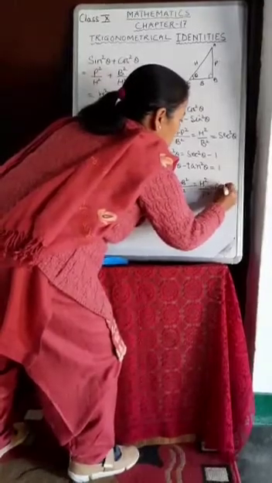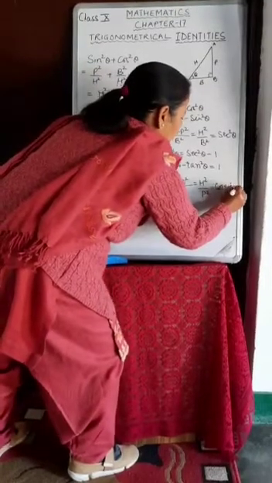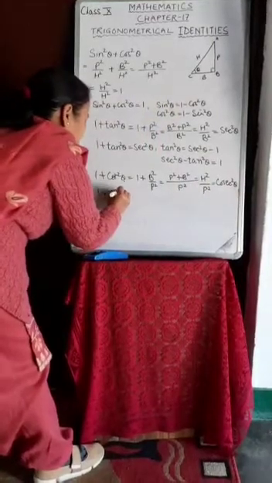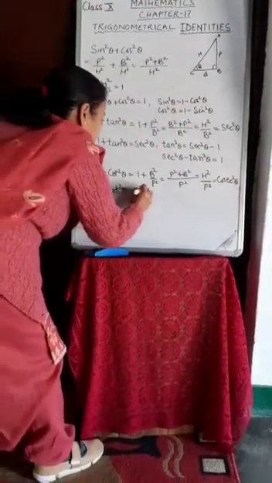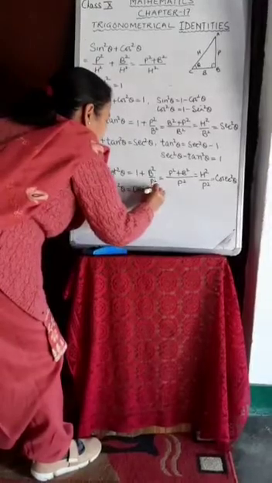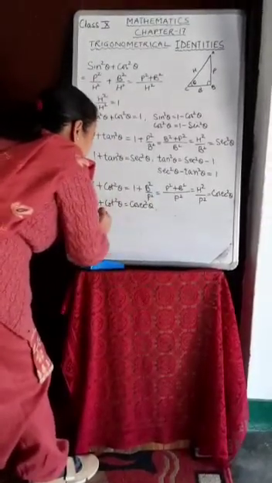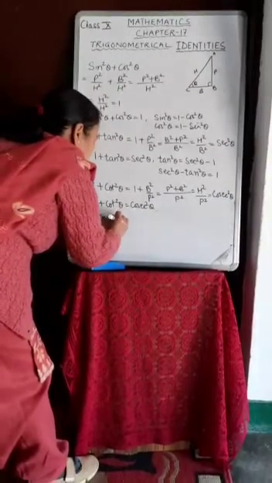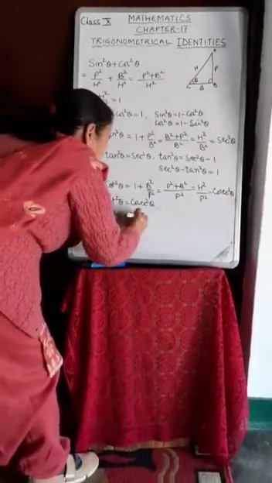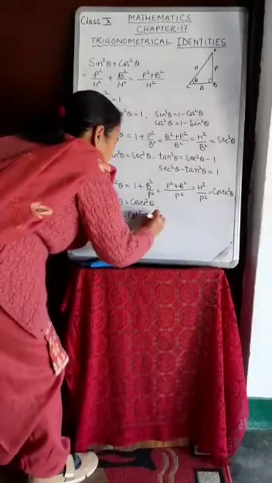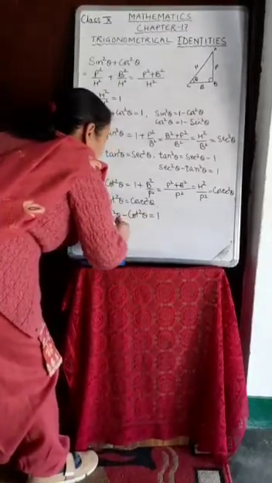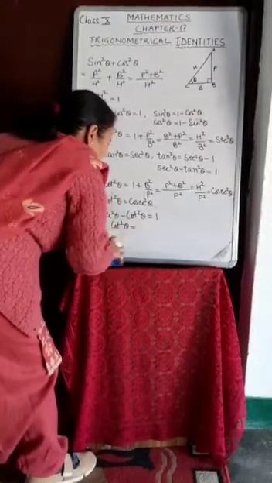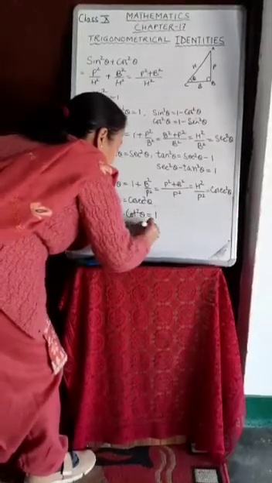So this will be equal to cosec square theta. So 1 plus cot square theta equals cosec square theta. From here we can get other relations also, like cosec square theta minus cot square theta equals 1, or cot square theta equals cosec square theta minus 1.